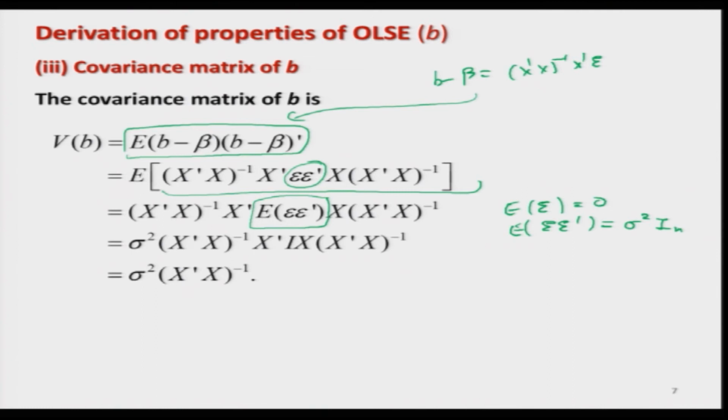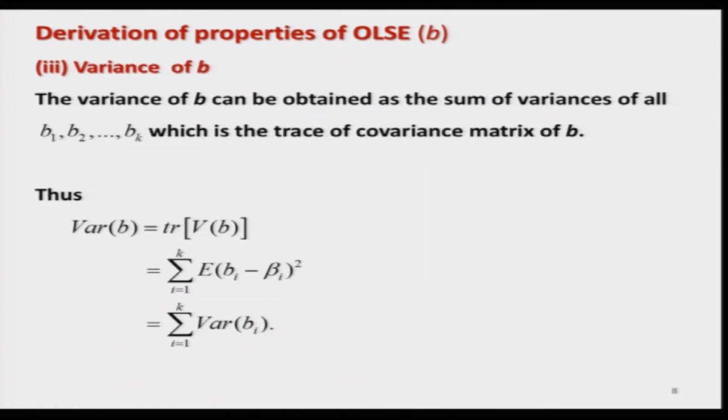So I substitute this quantity as sigma square I_n, and you will get sigma square (X transpose X) whole inverse. This is the covariance matrix of the ordinary least squares estimator of beta, which is not difficult to obtain. You just need to know the basic matrix theory.